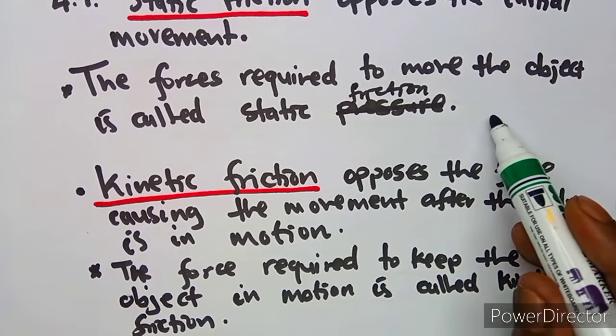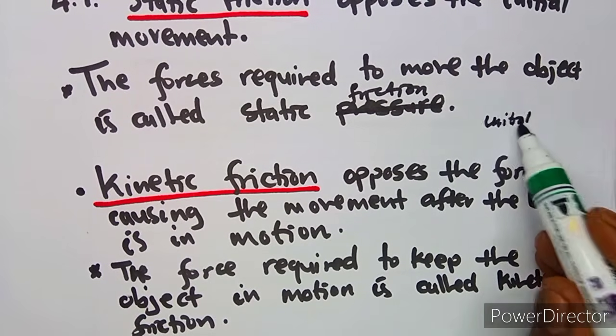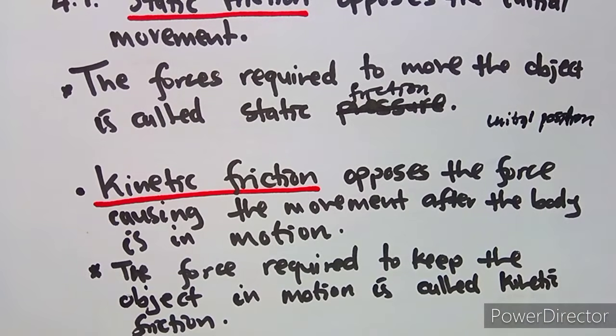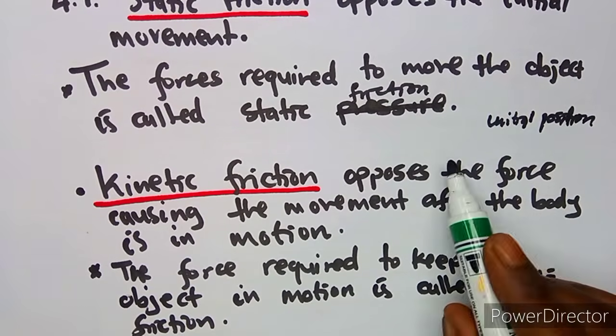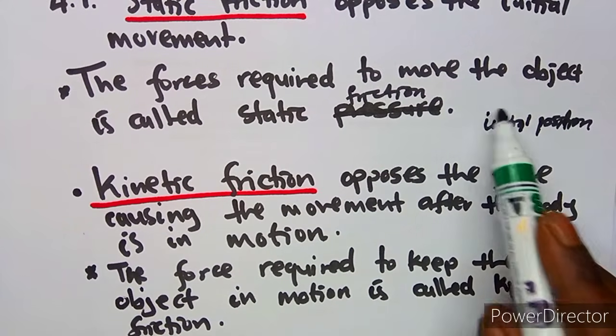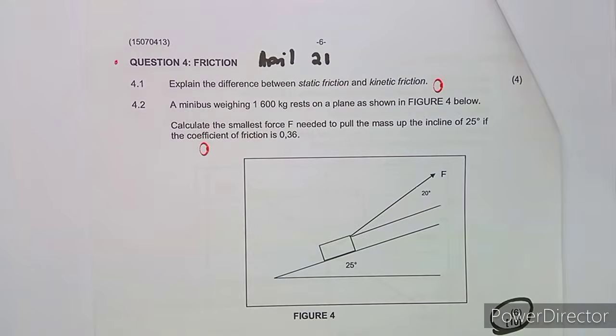Static is just on its initial position. When it is in its initial position, the friction that acts is the one we call static. Then for kinetic, there is already movement, so it's just to keep it moving.